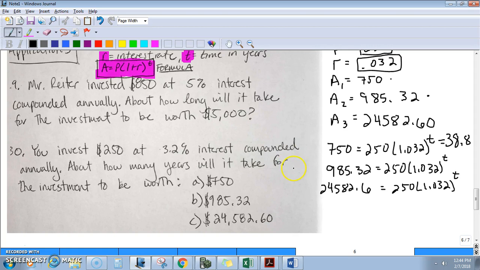It's going to be approximately 43.54 years. And for $24,582, it's going to be approximately 145.67 years. So you probably won't see that dividend in your lifetime.